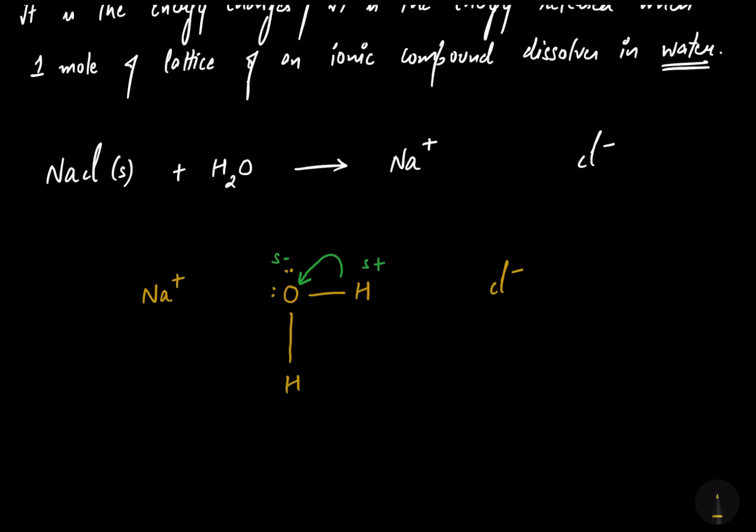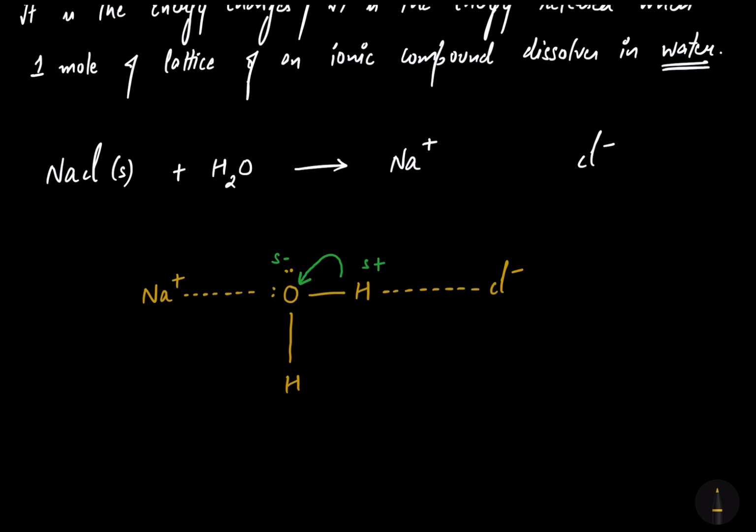Na positive and Cl negative have dissociated from NaCl. So Na positive and delta negative of oxygen will make attractive forces, or we can say electrostatic forces, due to the opposite charges, and Cl negative and H delta positive will make electrostatic forces with each other.